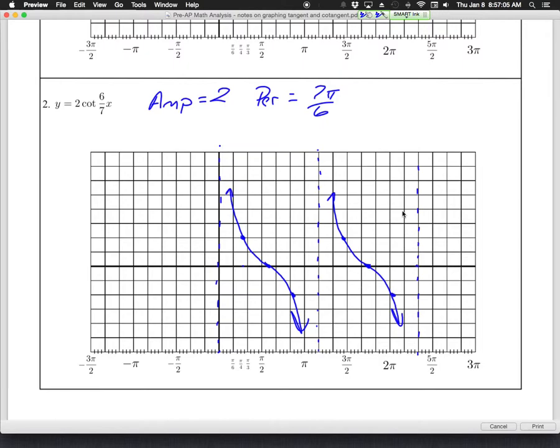So 1, 2, 3, 4, 5, 6 pi over 24. That can't be right. Half of that is 12. Half of that is 24. 1, 2, 3, 4, 5, 6, 7. Should be 7 pi over 24.